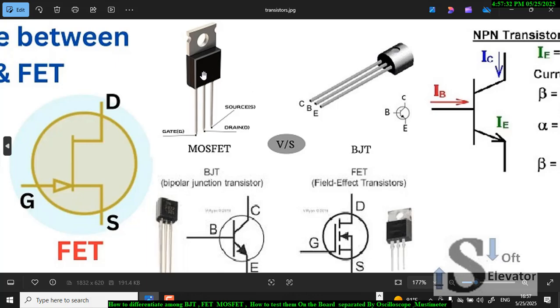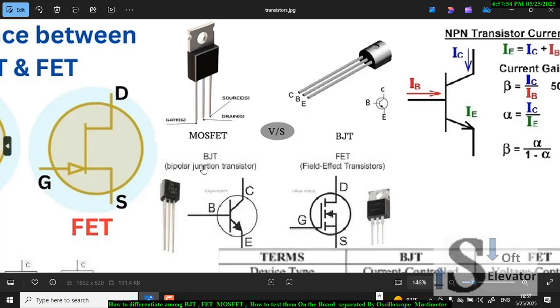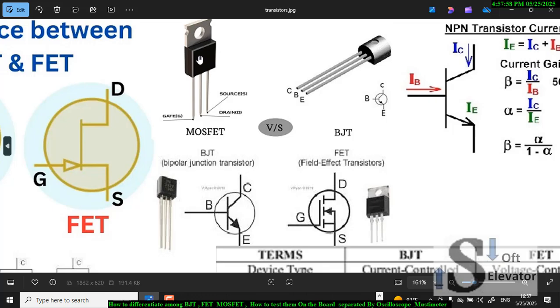While here there is the gate first on the left, and then we have the drain which is upstairs and the source which is down. So this is the source and this is the drain. So then we have gate, drain and source.